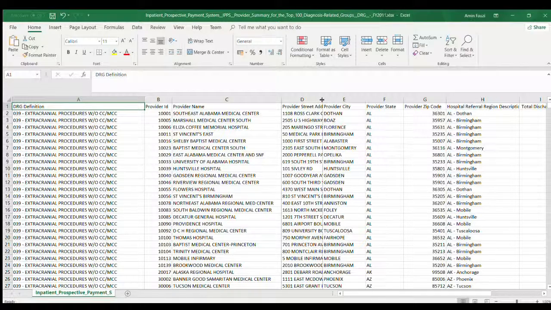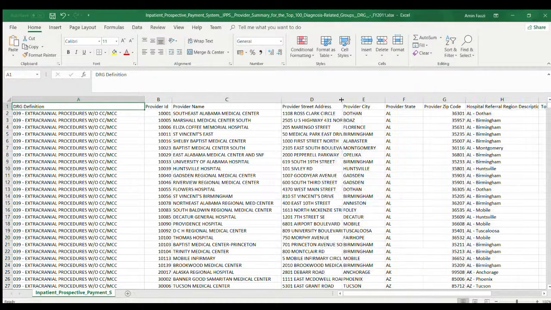Next, the provider street address, which is the location of the hospital, is 1108 Ross Clark Circle. Provider city is Dothan, and provider state is AL. The zip code is 36301. Hospital referral region description is AL Dothan.